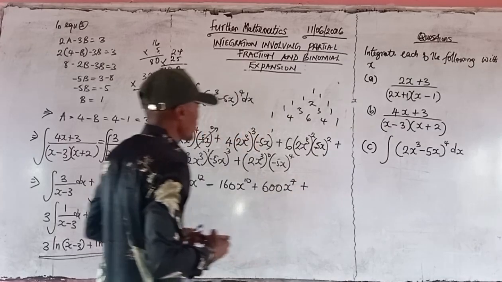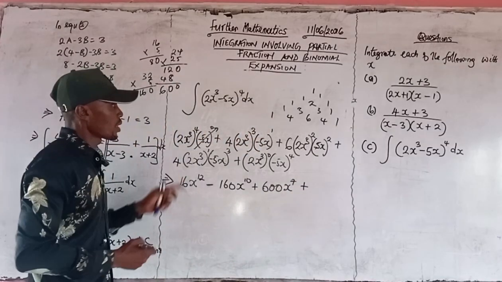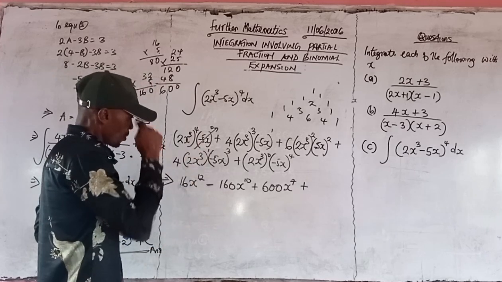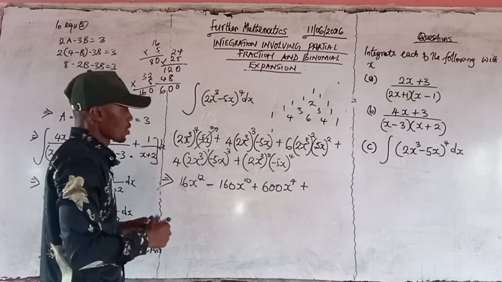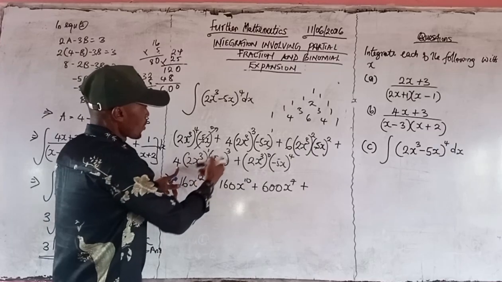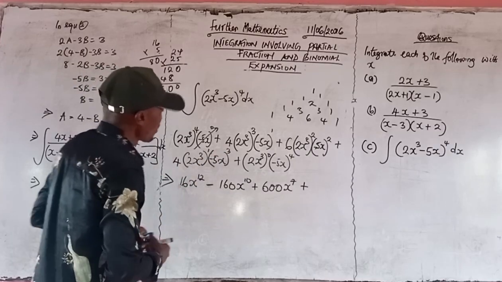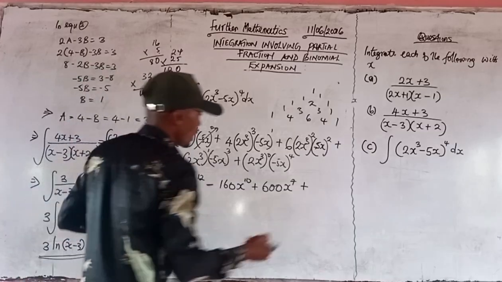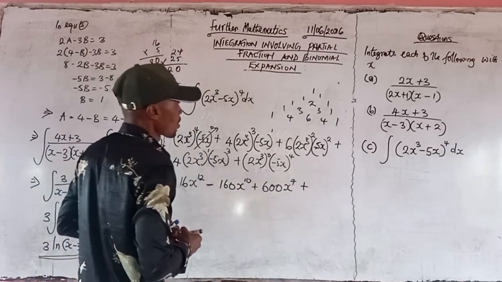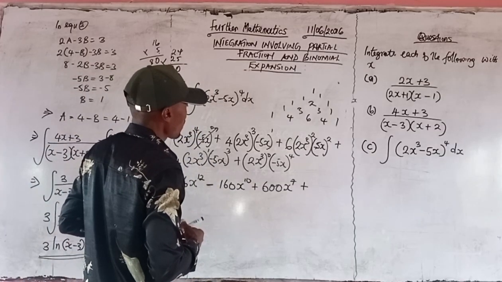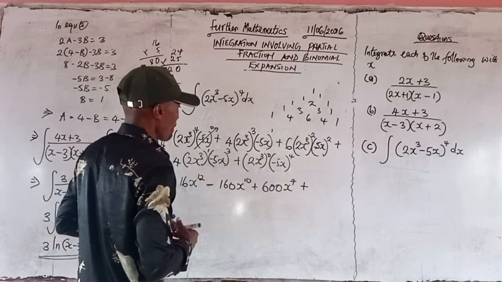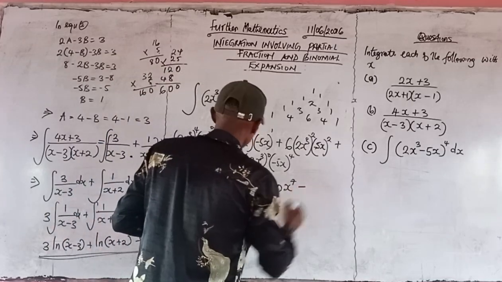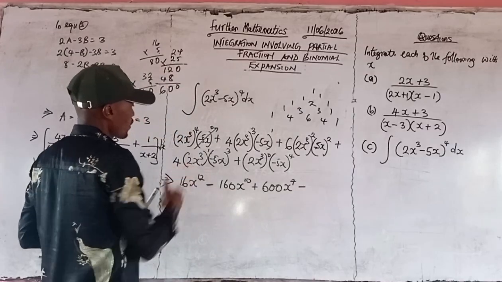Plus, and we have here 4, 2 to the power 1, this is 8, 8 times 5 times 5 times 5, that is 125. So we are going to have minus 125 times 8.